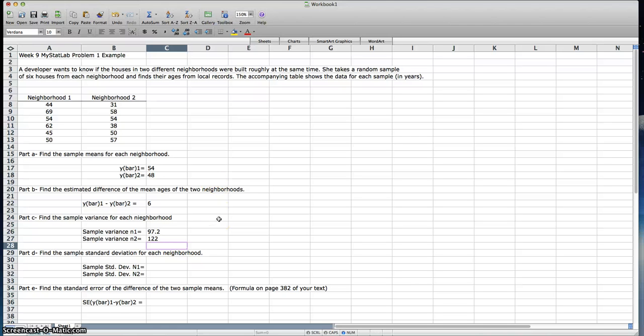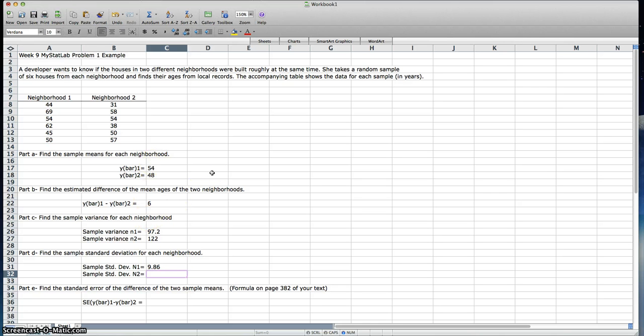Part D. Now we're going to find the sample standard deviation for each neighborhood. Again, heck, let's let Excel do it for us. So we'll type equals, start typing the word standard deviation. There it is. And again, it asks for our data. So we just highlight our data for neighborhood 1, enter. The standard deviation is 9.86.